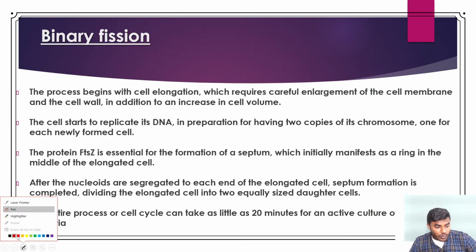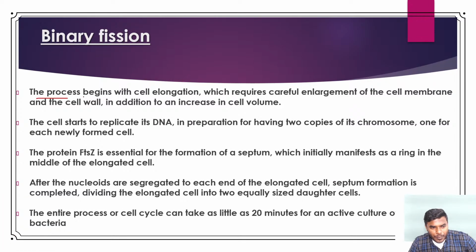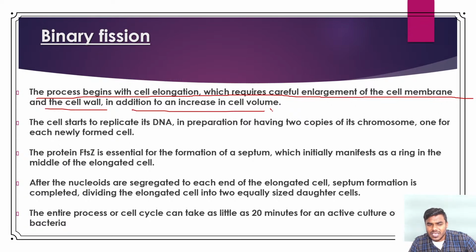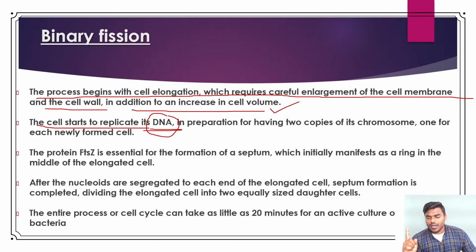Okay, I want you to remember, the process begins with cell elongation, which requires careful enlargement of the cell membrane and the cell wall, in addition to an increase in the cell volume. Now friends, you have to remember the name of the protein compulsorily. The cell starts to replicate its DNA, correct? If the cell duplicates its DNA, only then can one cell split into two cells.